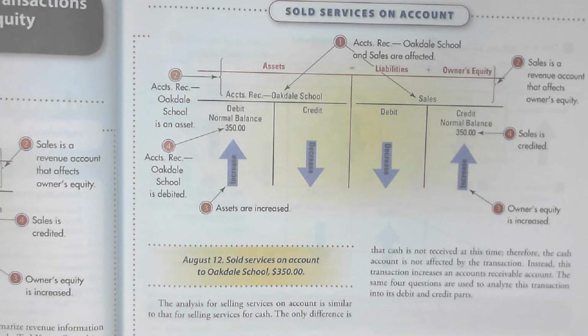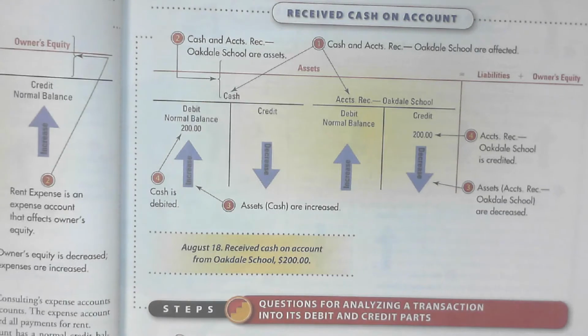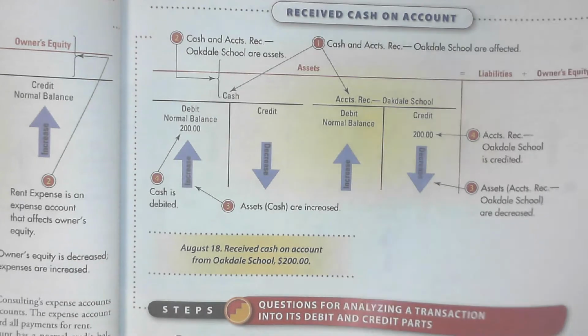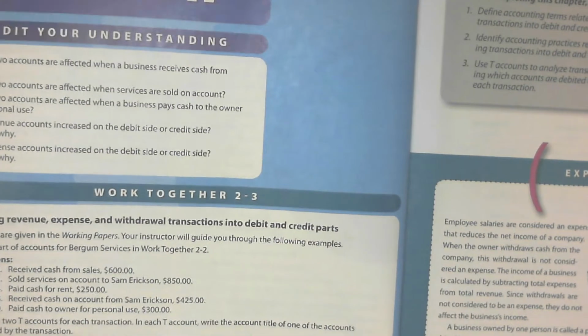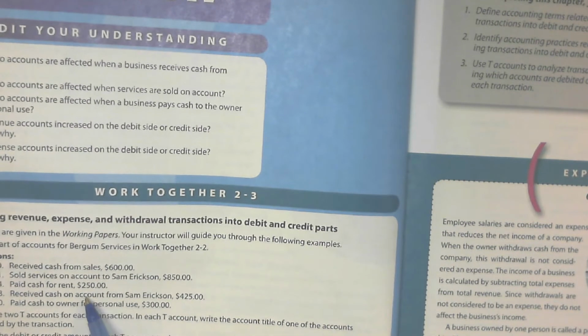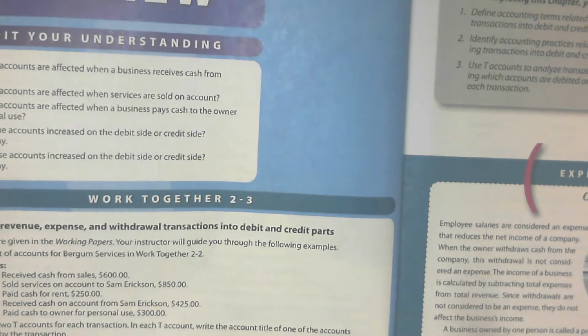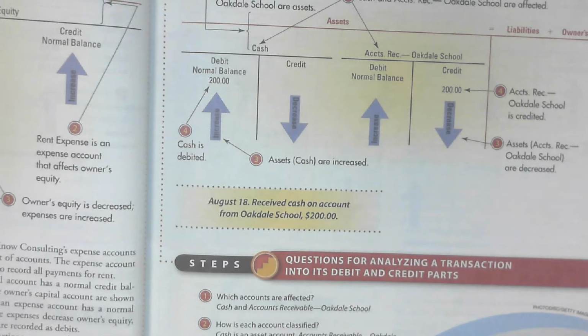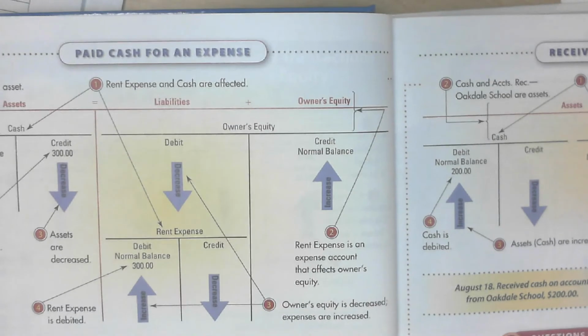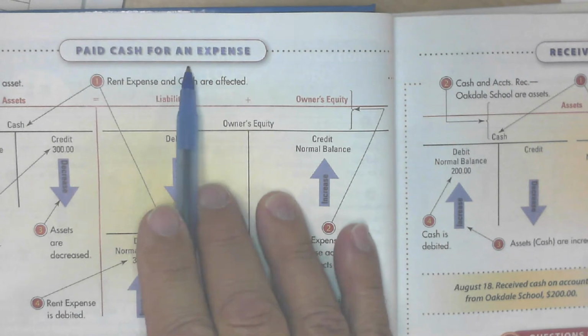And then our next one's probably going to be paid cash for something. We paid cash for rent, $250. So here we paid cash for an expense.